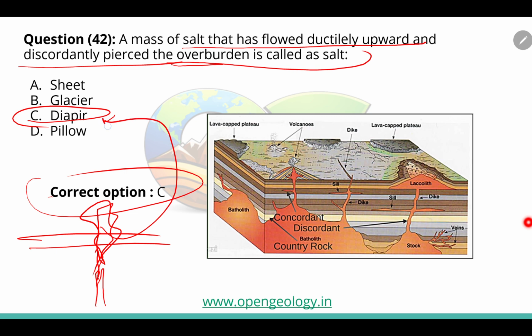So we call that a salt diapir. You can also learn about discordant and concordant bodies like the sill, dike, laccolith, stocks, batholith. All of these terms and their definitions.